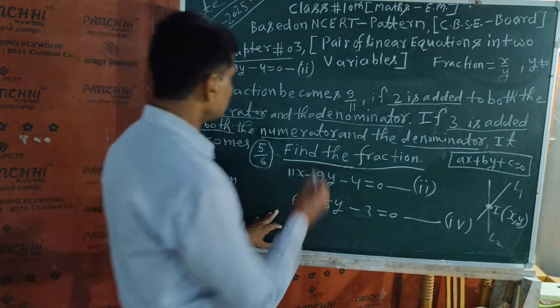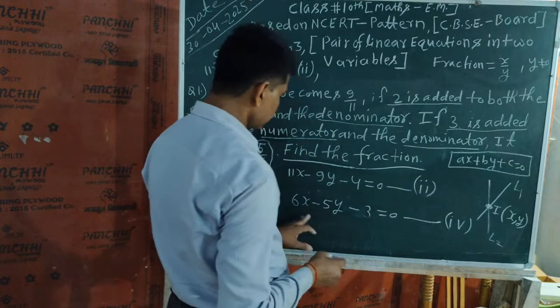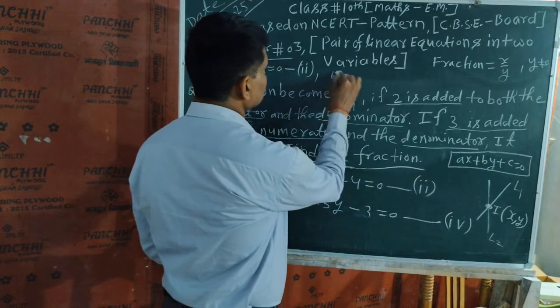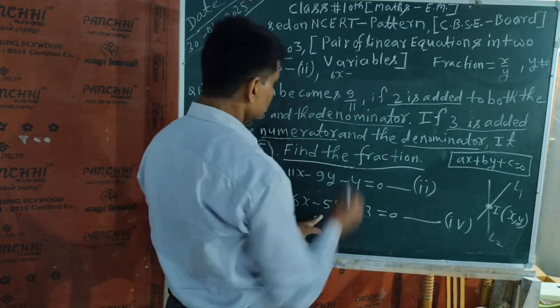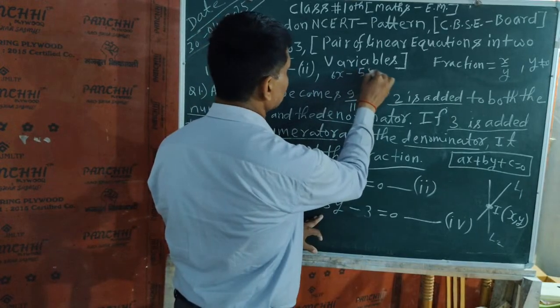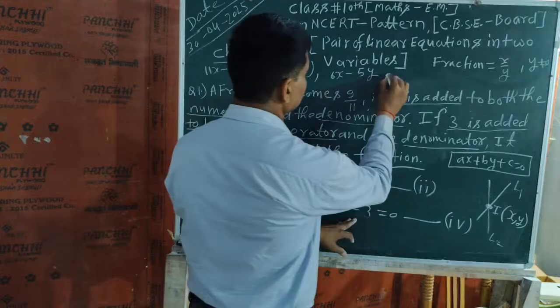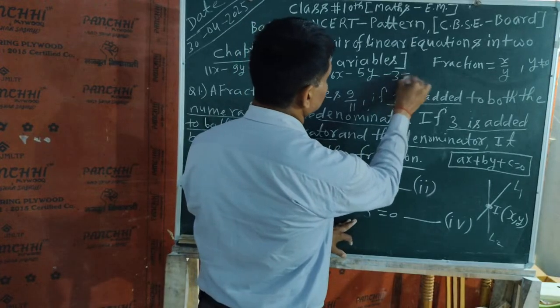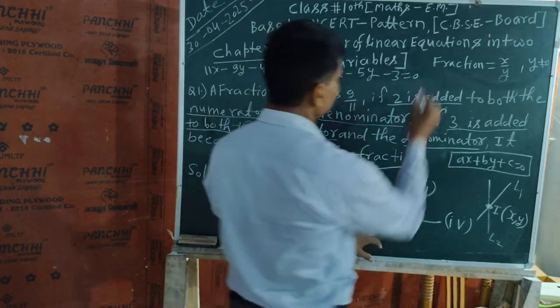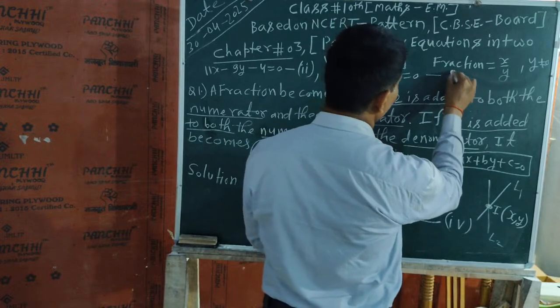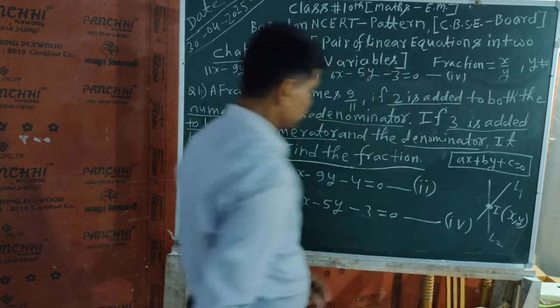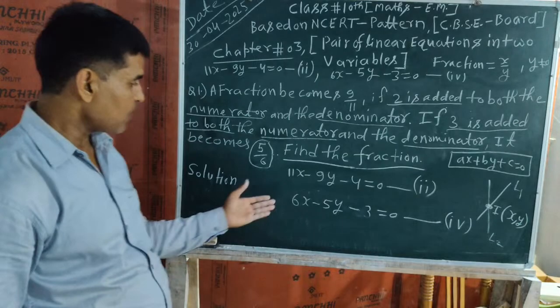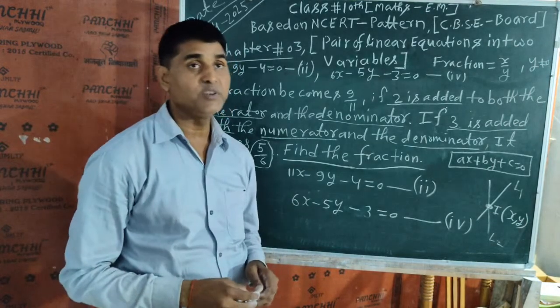I should also save this equation here, because if I need it at any time, I can use it from here. Okay, students, so here I am going to use the concept of the elimination method.